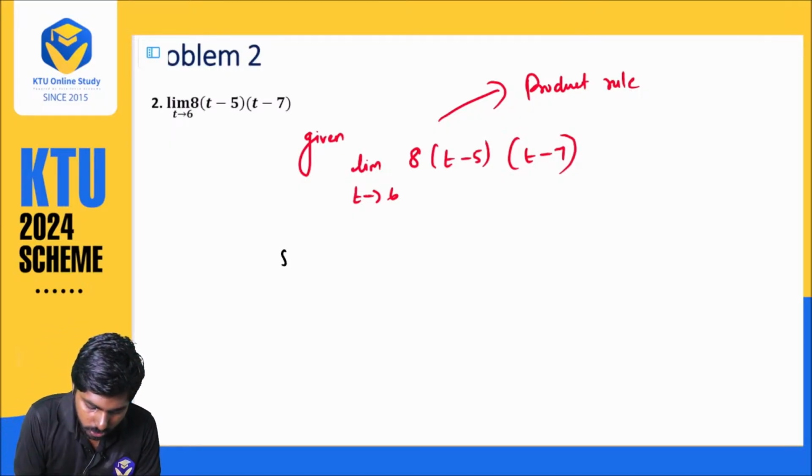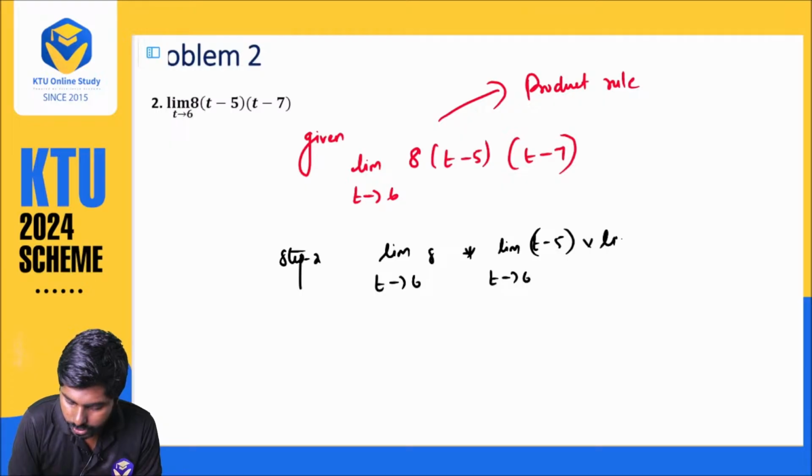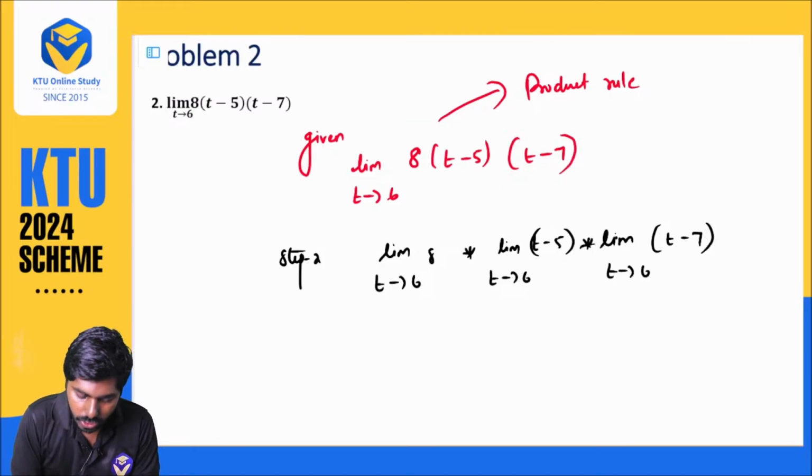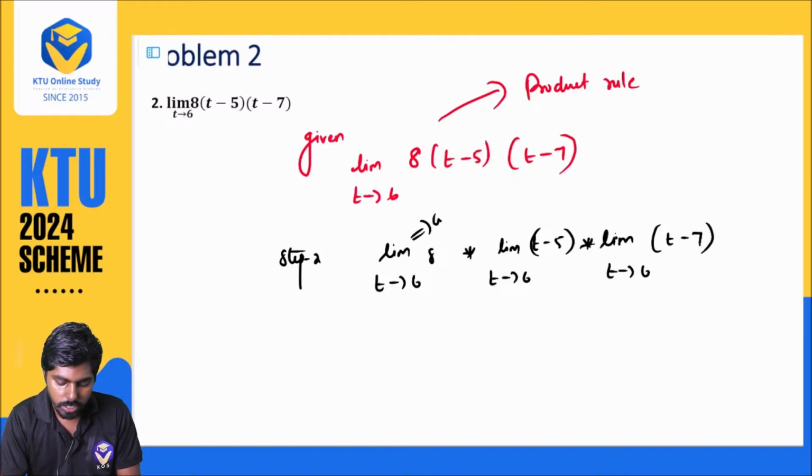So we can split it in step number 2, that is limit t approaches 6, 8 into limit t approaches 6, t minus 5, into limit t approaches 6, t minus 7. So what will we be getting? Whatever t is approaching, this is a constant function, no?